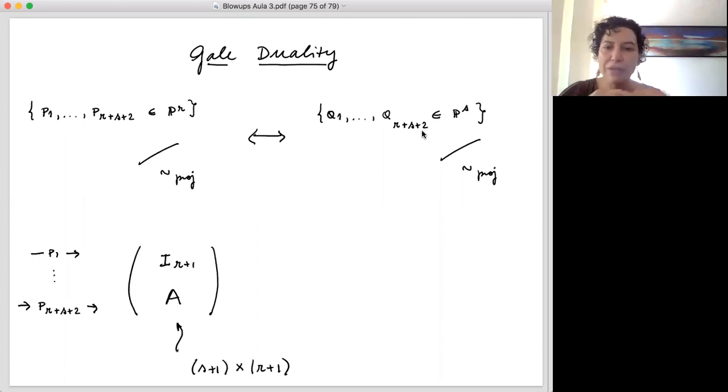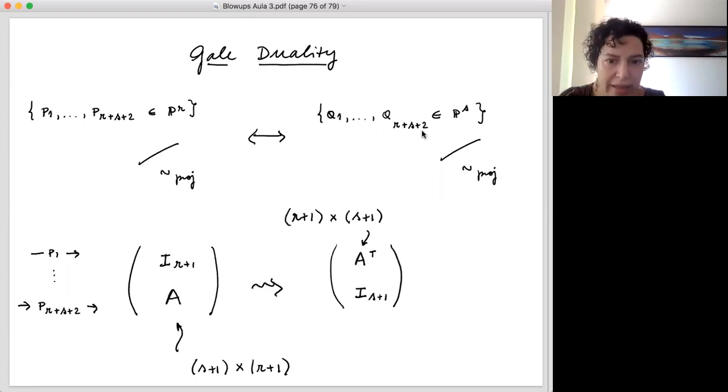And then, after this change of coordinates, I will see some s+1 cross r+1 matrix A. And then what I do is I take the transpose of A and then write down the identity matrix of size s+1.